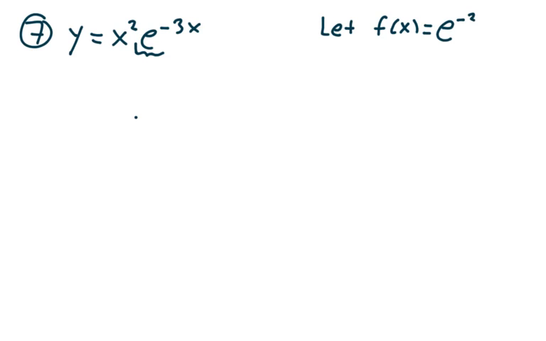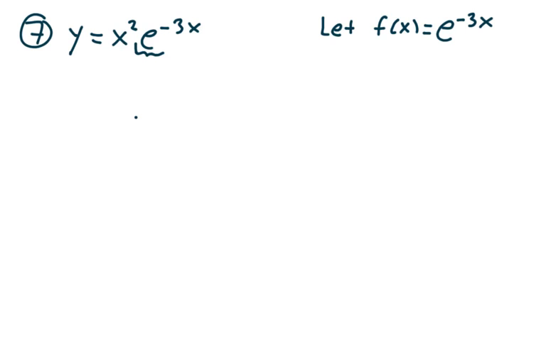Suppose I'm given the following. Suppose y equals x squared times e to the negative 3x. There's a product rule in here combined with a chain rule. What I want to do first is figure out the derivative of e to the negative 3x. So I'm going to let f of x equal e to the negative 3x. We're just going to pull this off to the side.